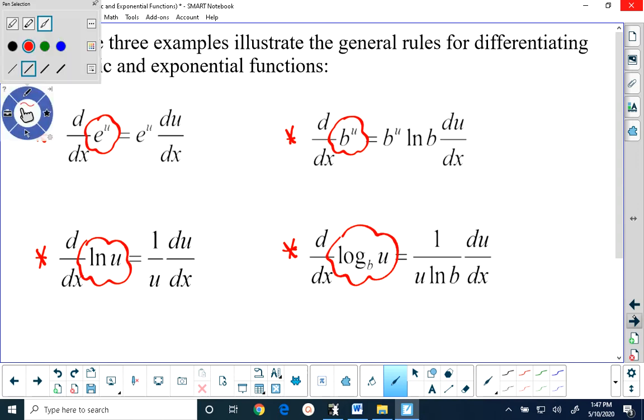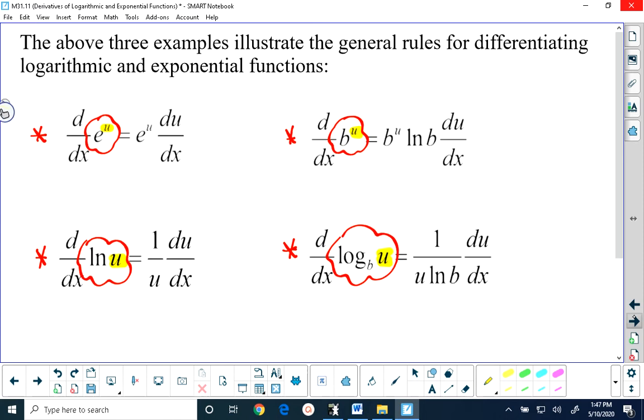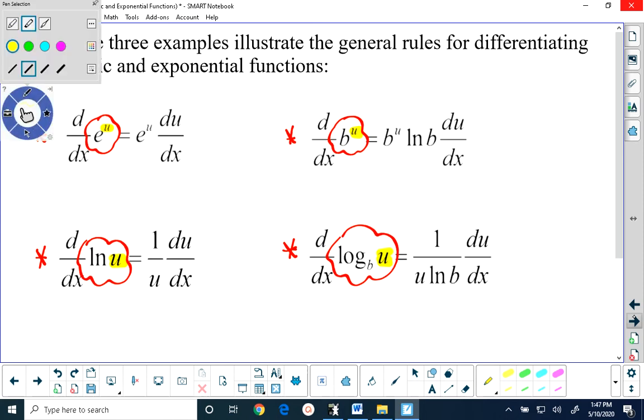In each of the operations, there is an argument. The argument here is u. The argument here is u. The argument here is u. And the argument here is u. So in each differentiation rule, you multiply by the derivative of the argument. That's the bottom line with the chain rule.